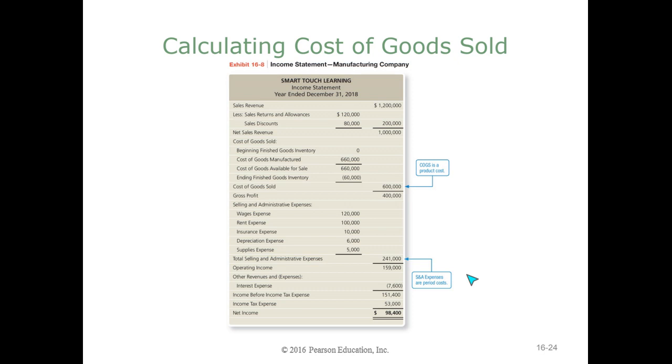Below that, you'll see all of the selling and administrative expenses listed out, your operating income, other revenues. Just pointing out the blue areas. So COGS, cost of goods sold, is a product cost. And then S&A, selling and admin, these are period cost.